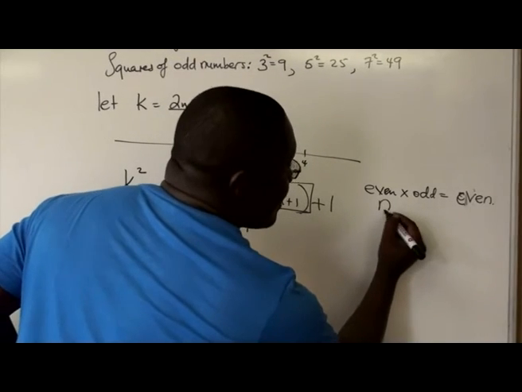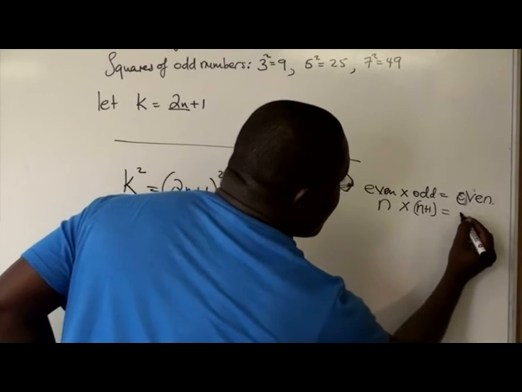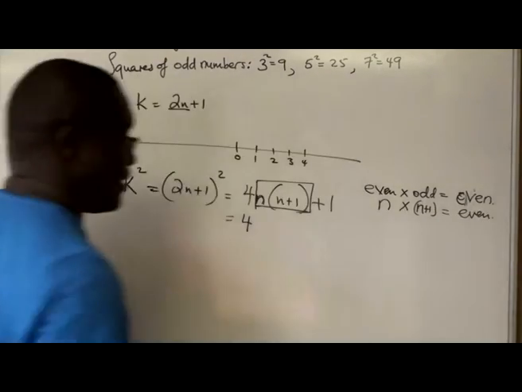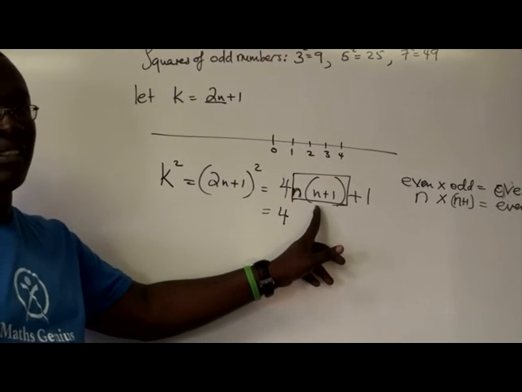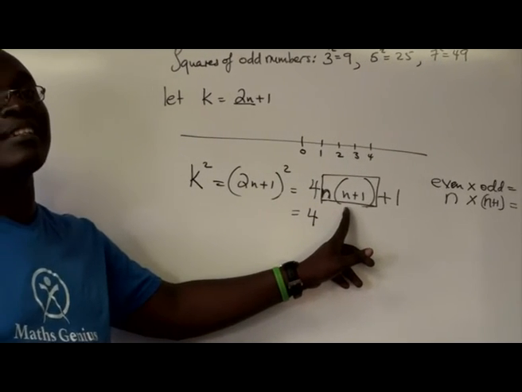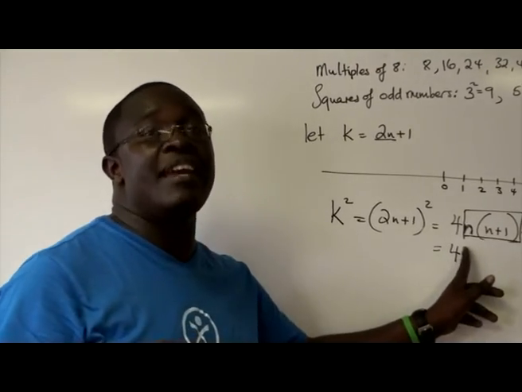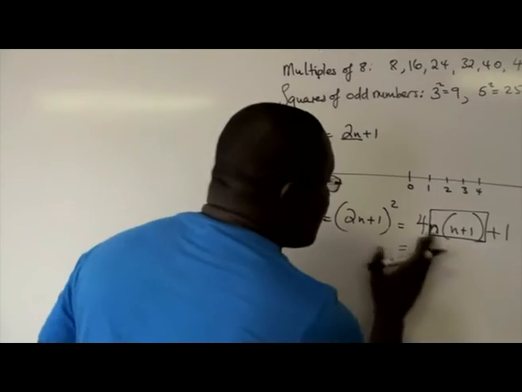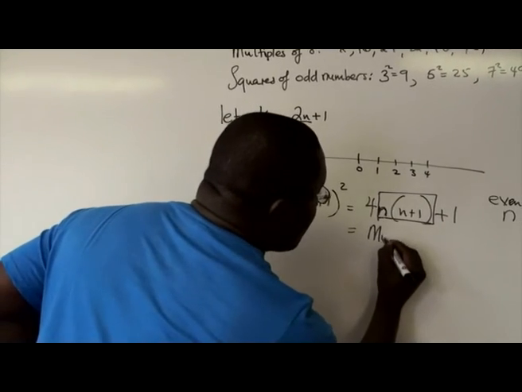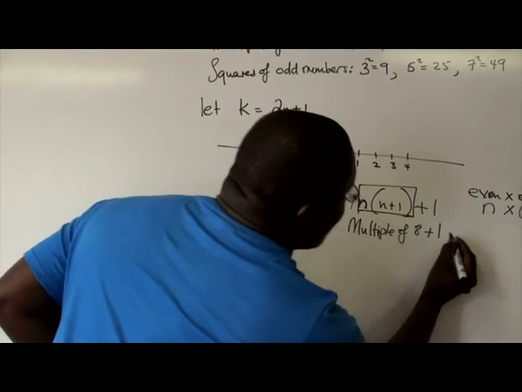Because this is n, this is even, times n plus 1, which is odd, so it would be an even product. So 4 times an even number guarantees you that this number was going to be a multiple of 8. So instead of writing it like that, you can say multiple of 8 plus 1.